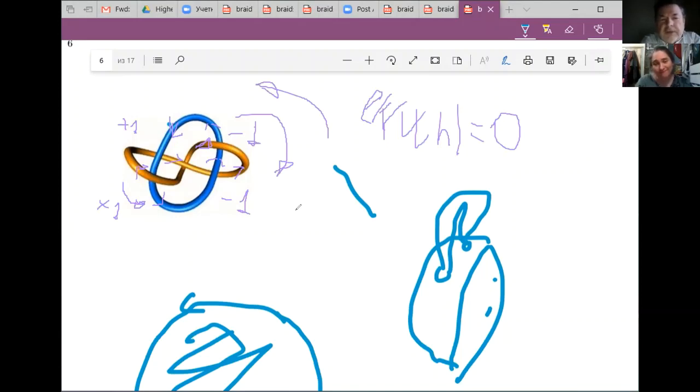It calculates in simple cases, it's okay. When you have two linked circles in a simple way, you get a non-trivial number. But if it is a little bit more complicated, you have two circles linked in this way, and the linking number is 0.